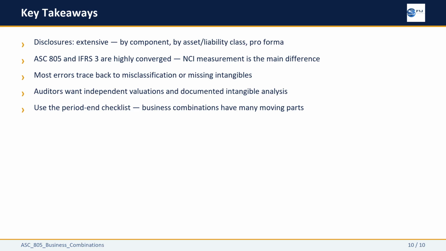Document the classification analysis, use the right share price, identify all intangibles, and track the measurement period rigorously. Auditors expect documented valuations and a defensible intangible identification analysis. And the period-end checklist is your safety net. Business combinations have many moving parts that span months and years after closing.